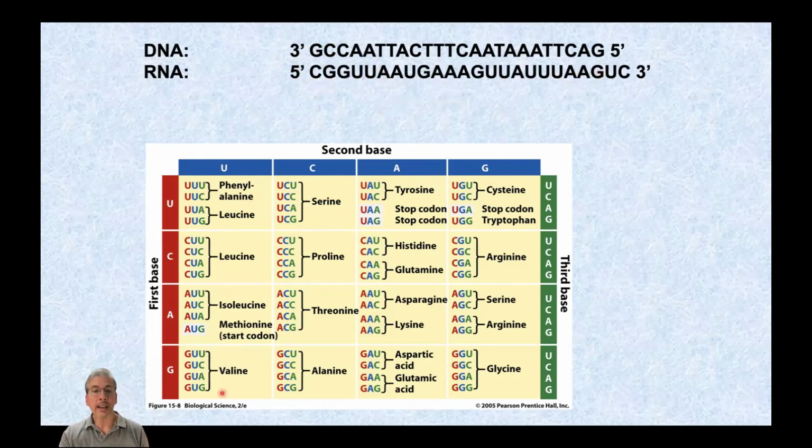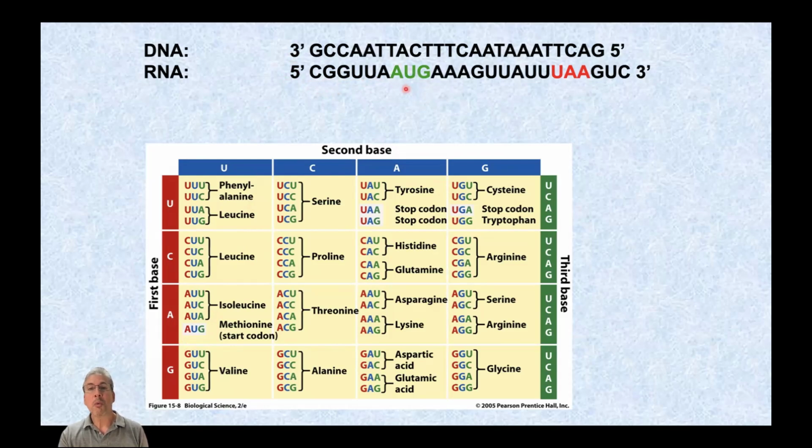Then you have to find your start codon in that messenger RNA. You can't just assume that the first 3 bases are going to be the beginning of your protein. What you have to do is find where that start codon is. Oh, there it is right there, AUG. Now you've identified the start codon, and that sets the reading frame.